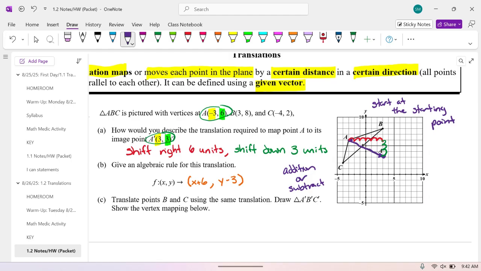And I gave you those 2 points, so A and A prime. And I said, okay, they translated. Write a rule. How would you figure it out? Find the difference. You would take the difference of them, all right? So in other words, you could do 3 minus negative 3. So you would do the new minus the original. All right, that's the way you can figure it out if I just gave you the points. You could do new minus original.